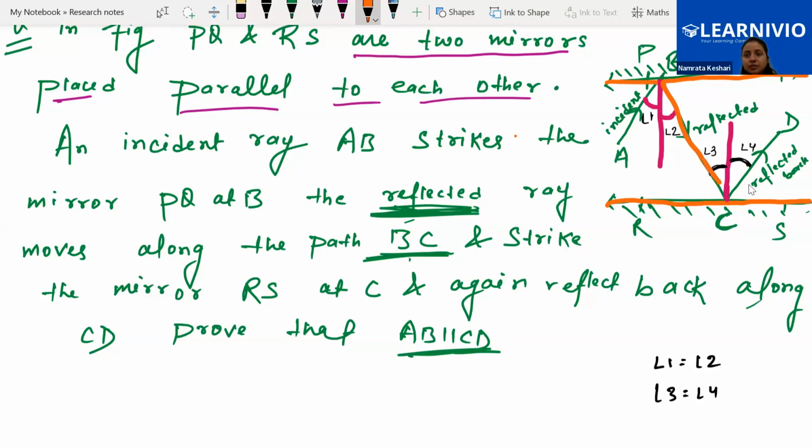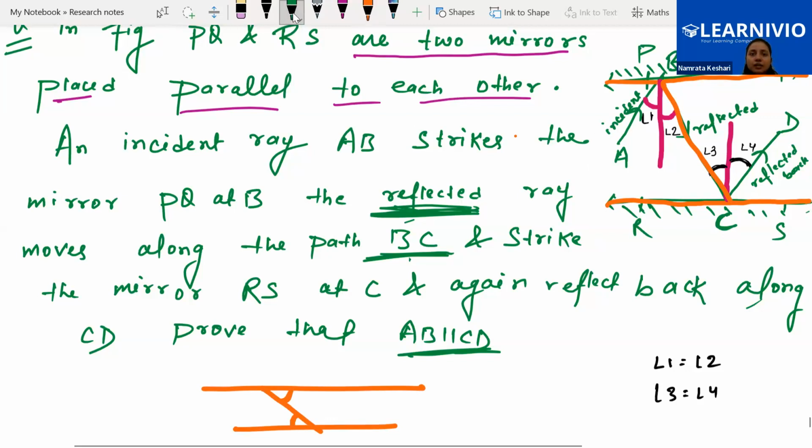This BC is the transversal, right? Yes, ma'am. Then can we say that if these two parallel lines are there and this is the transversal, this complete angle and this complete angle will be the same? Yes, ma'am.